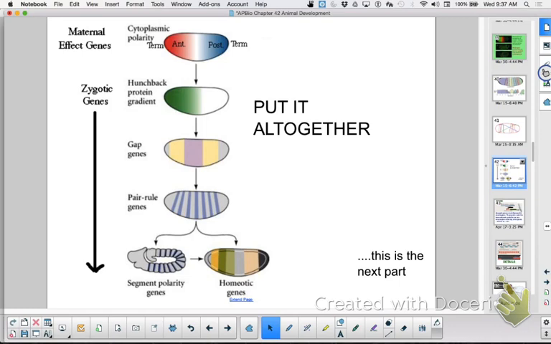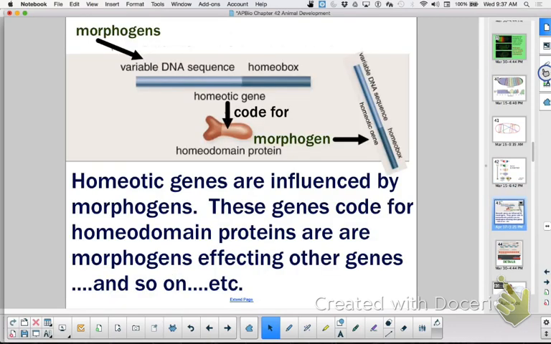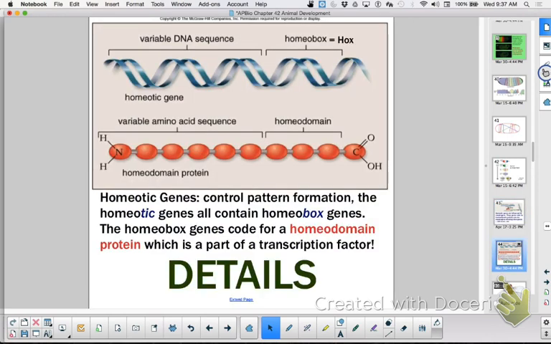Take a look right here. You have a morphogen. This morphogen affects this DNA right here. It's coding for another morphogen, which then codes for a different morphogen. I keep telling you the same story, but it's just slight differences in which genes are turned on at which time. Here's this specific sequence of DNA that is coding for this particular protein. This specific piece of DNA that codes for that developmental morphogen is called a homeotic gene.